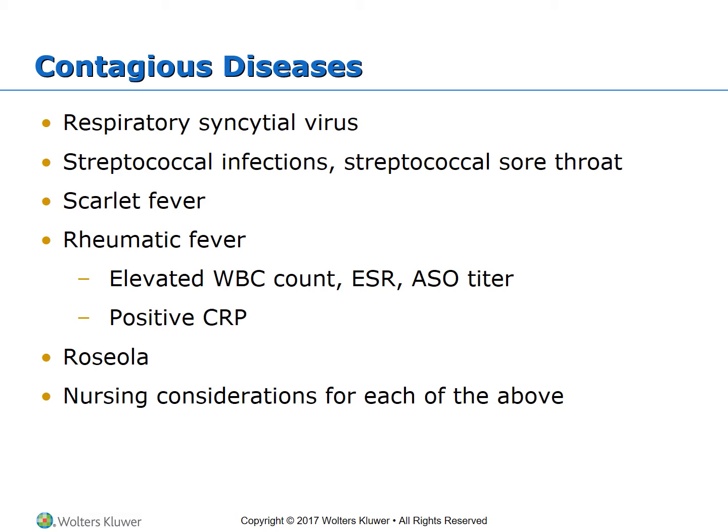It's believed to result from continued streptococcal infections. Prompt treatment of the streptococcal infections greatly reduces the risk of contracting rheumatic fever. Complications of rheumatic fever include rheumatic heart disease.